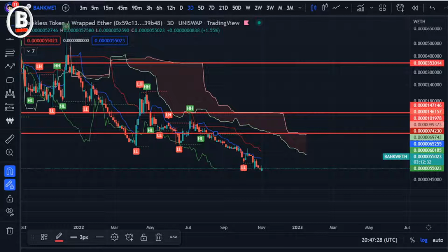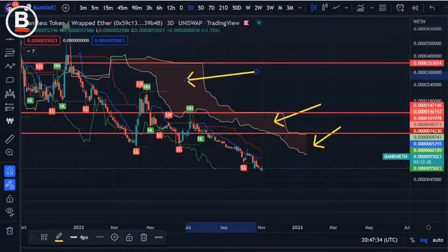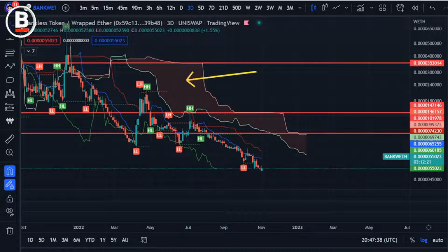You can also notice that each cloud is getting smaller and smaller. This is currently the cloud that we're in now.